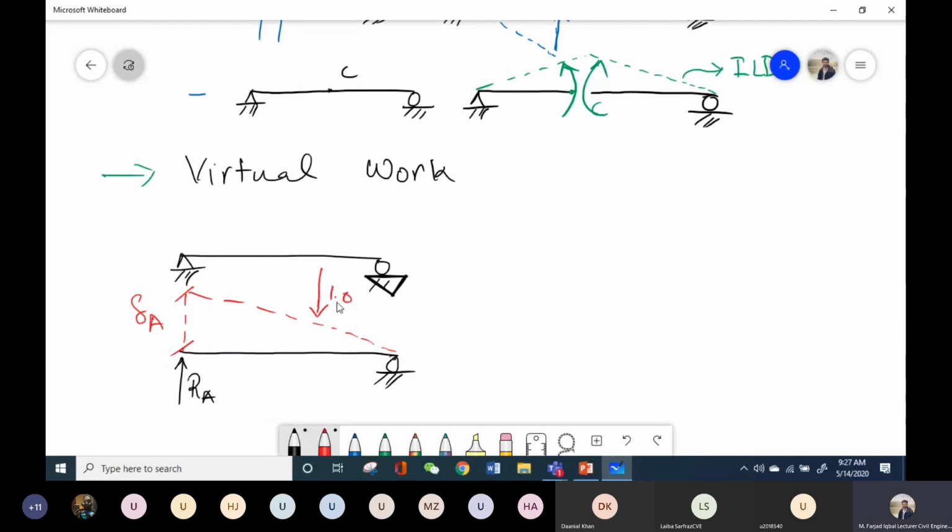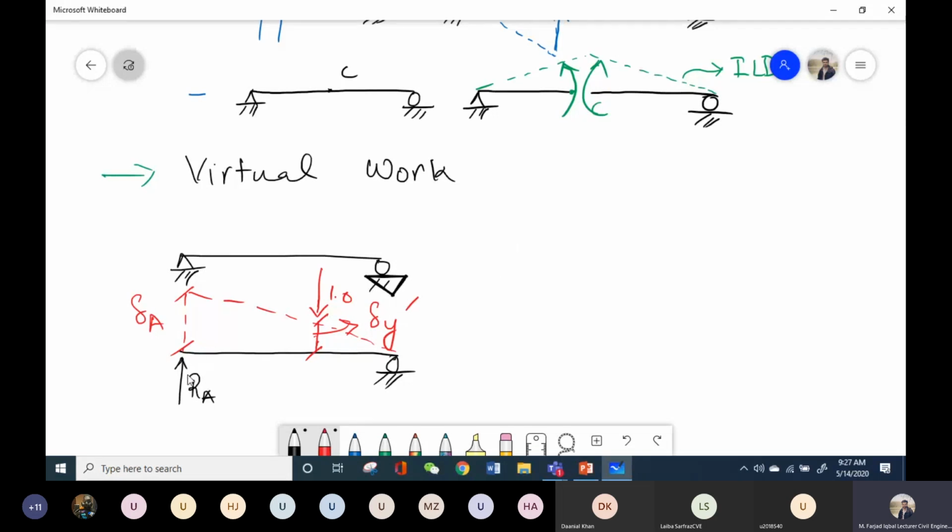So let's say our unit load was at this point, and due to this deflection, our deflection is delta y dash, or we can name it anything. If this beam is to be in equilibrium, the work done by both these forces should be equal to each other.